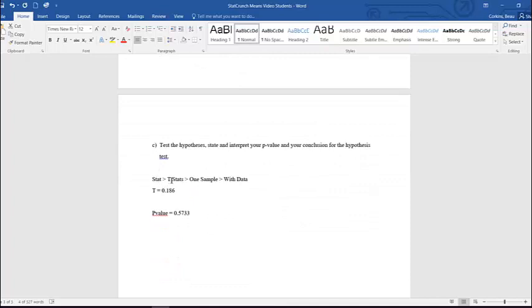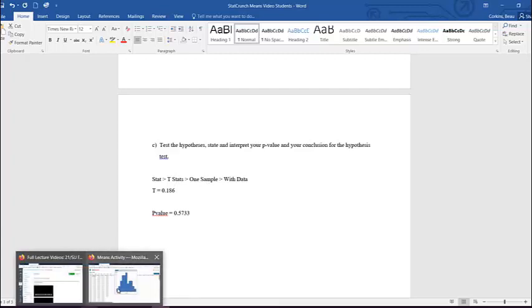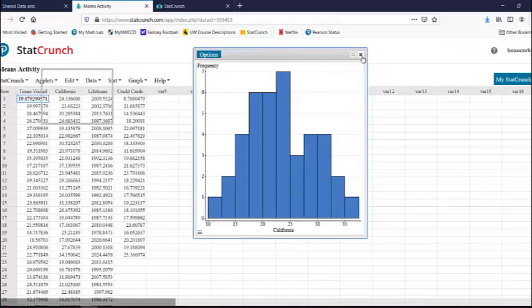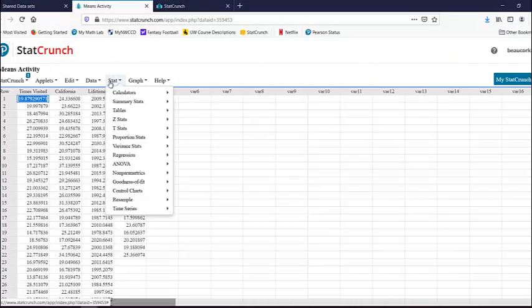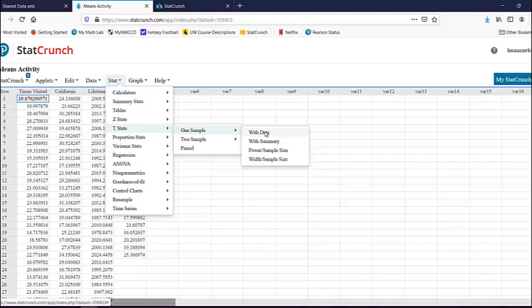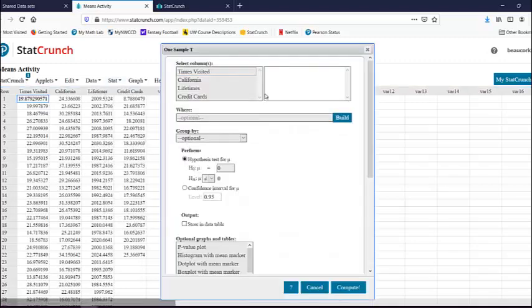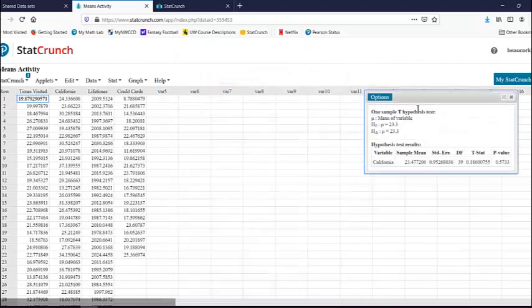So Stat, T Stats, one sample with data, because we have an entire column of data, so we don't have summary values anymore. Put in California, 23.3, and less than. We don't need any other plots. Compute.